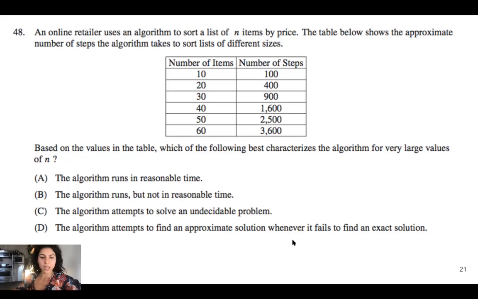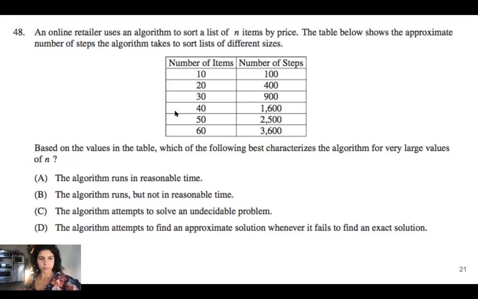So if it was like an exponential, like 2 to the power of x, that would be not reasonable. Or if it was like x factorial, that would be not reasonable. But since it's being squared, it's a polynomial runtime, and back from our notes, we said polynomial is reasonable. And so that's why the answer is A.